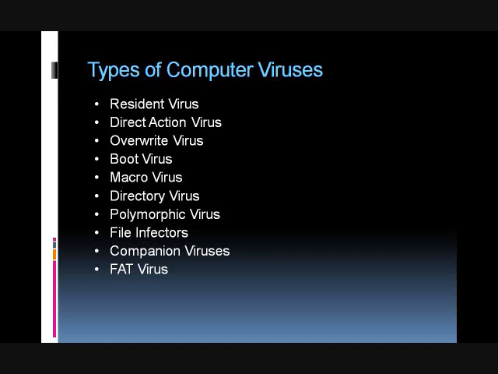We also have the file infectors, which are the most common type of viruses, and they infect programs or executable files. We also have the companion viruses, which can be considered as file infector viruses which act as resident or direct action types. And we have the FAT virus, which is one of the most dangerous types, as it can restrict access to certain sections of the disk where important files can be stored.